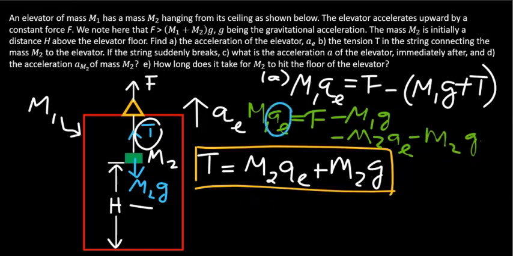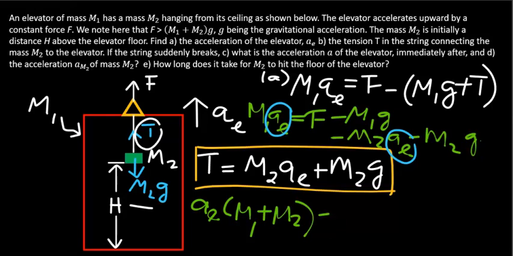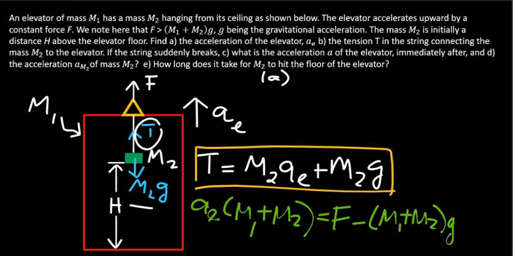Let's bring in the terms with AE to one side, and that's going to be AE times (m1 plus m2) equals the rest of the terms, F minus (m1 plus m2) g. Those three terms are this, this, and that. And from this equation we can solve for the acceleration.